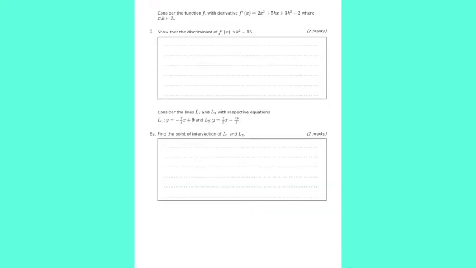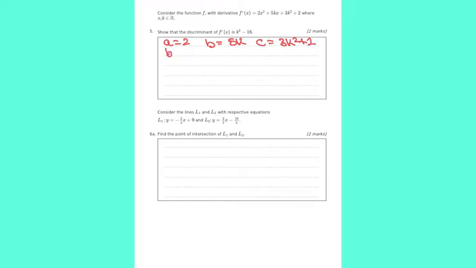Consider the function f. The derivative f dash x is equal to 2x squared plus 5kx plus 3k squared plus 2, where x and k are real numbers. Show that the discriminant of f dash x is k squared minus 16. We know that a is equal to 2, b is equal to 5k, and c is equal to 3k squared plus 2.